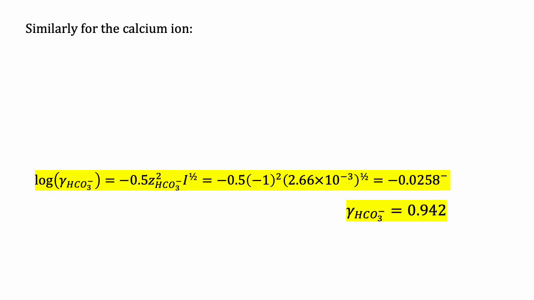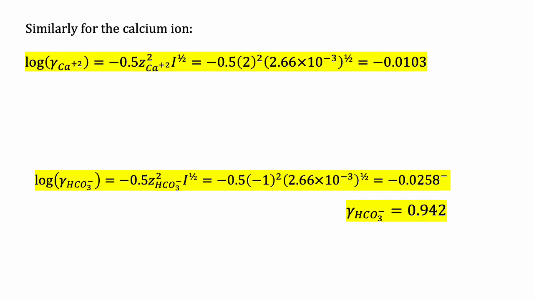If we look at the calcium ion in solution, and again here note in yellow that there may be some typographical errors in the subscripts in your textbook. The calcium ion has a charge of plus 2. Plugging that value in gives us a slightly different value for the log of the activity coefficient, and when we take the inverse log, the activity coefficient for a divalent cation, calcium, is 0.788, or about 0.8.